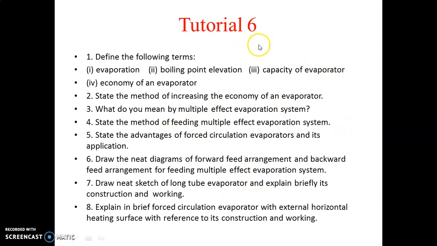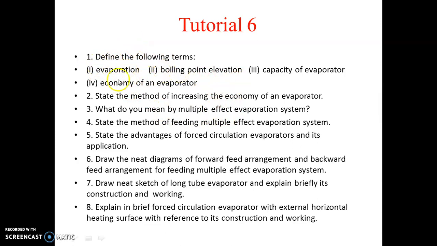Then the tutorial is provided for you, and this tutorial will be uploaded in Google Classroom, heat transfer. You write the answers of all these questions, and after scanning you can upload this tutorial.